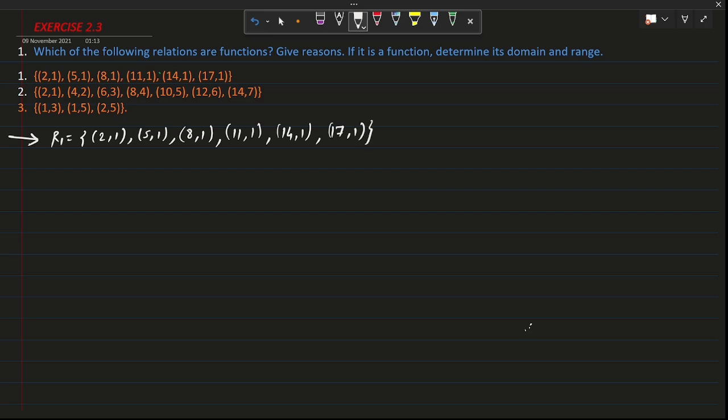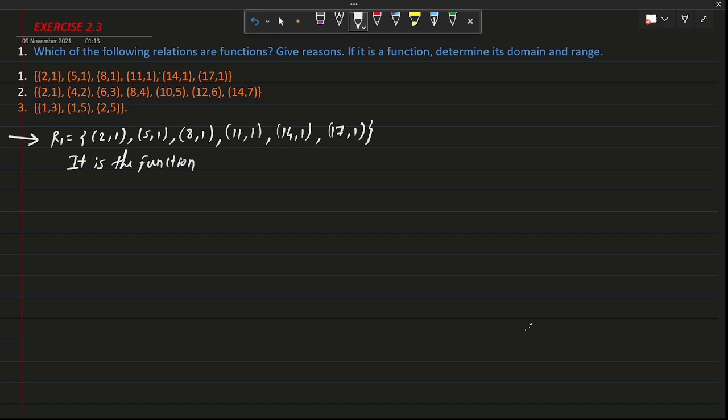So we can clearly observe that each element from the domain is mapping to a single, unique element of the codomain. That means it does not violate the rule of the function, hence R1 is a function.